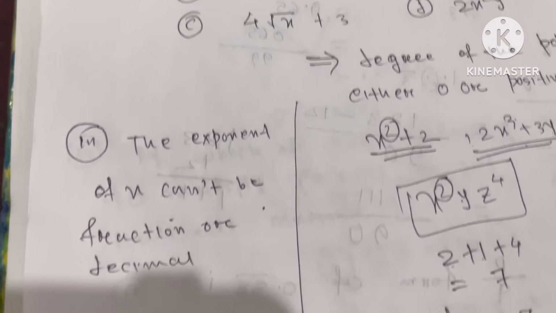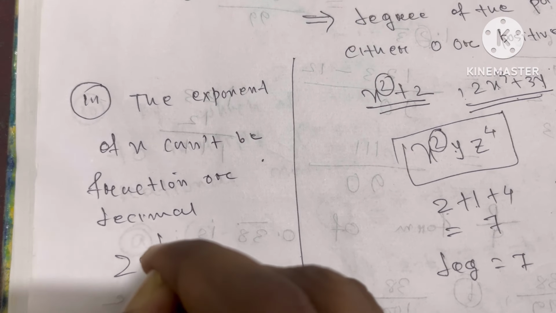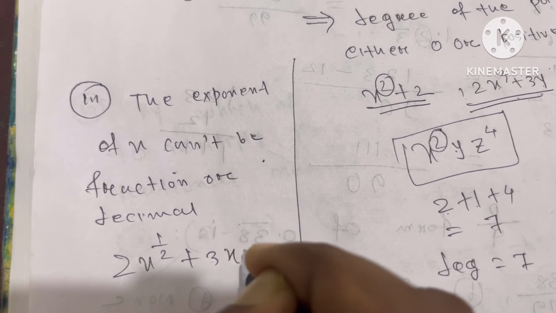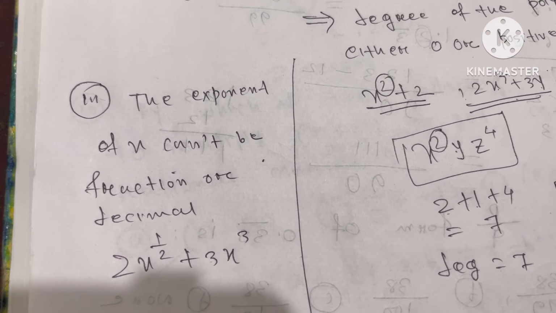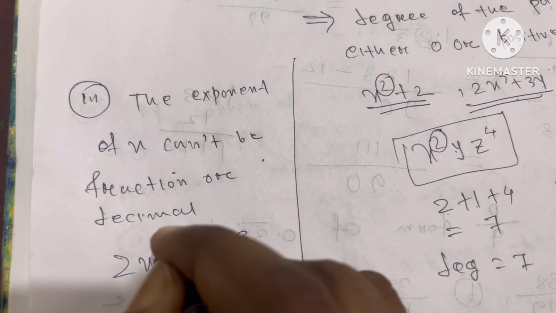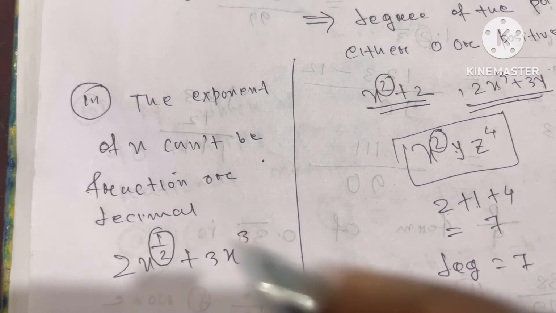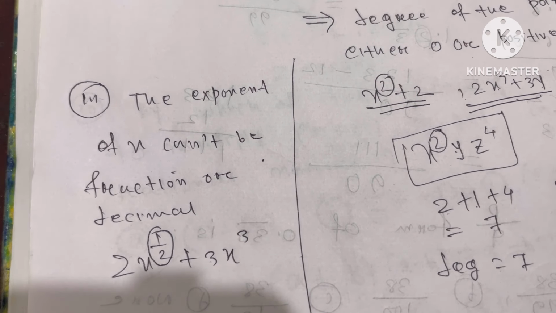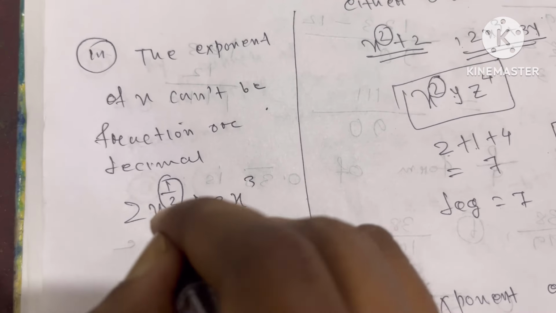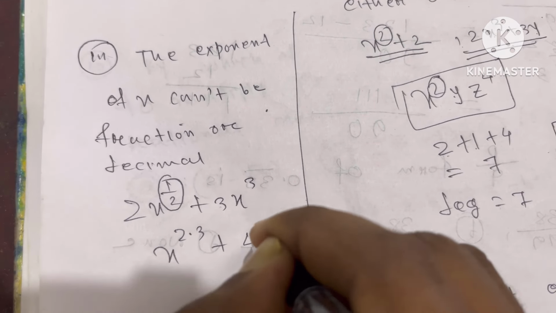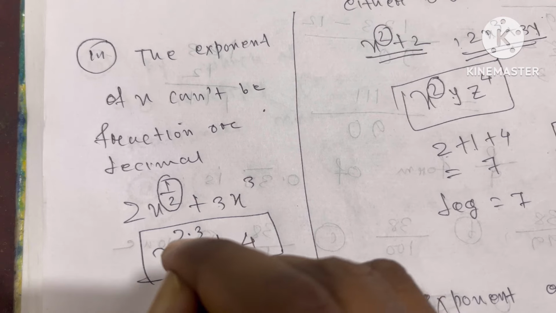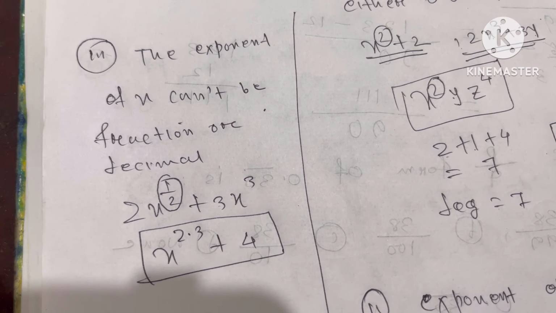That means 2x power half plus 3x cube: is this a polynomial? Directly you can say no, because the power of this x is 1 by 2. x power 2.3 plus 4x is also not a polynomial, because the x power is a decimal number.